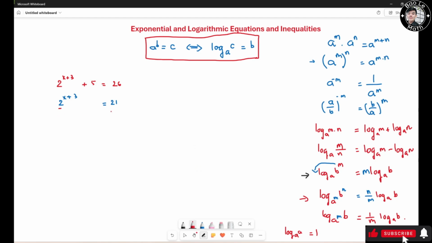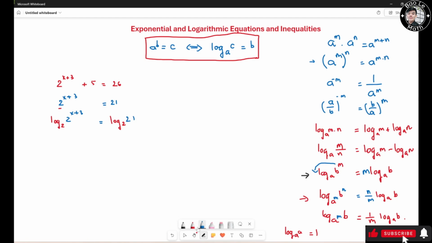So you need to take log base 2 of both sides, right? So I have log base 2 of 2 raised to the s plus 3 equals log base 2 of 21, right?